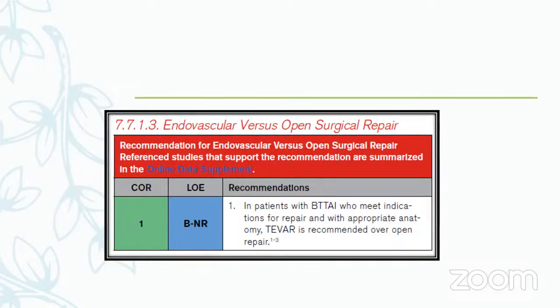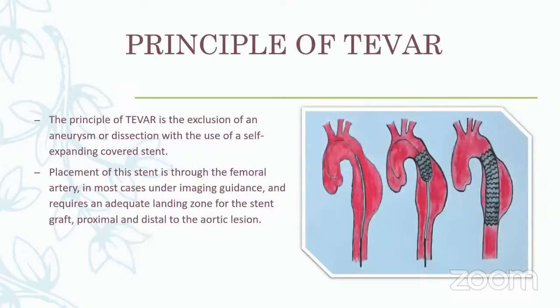In patients who require intervention for blunt traumatic thoracic aortic injury and have a favorable anatomy, TEVAR is a class 1 indication. Moving on to the principle of TEVAR.